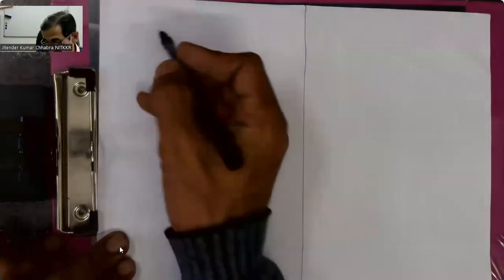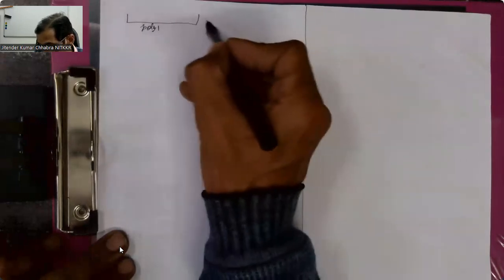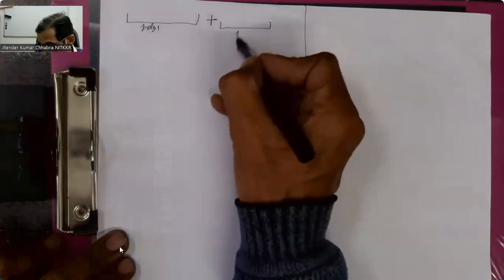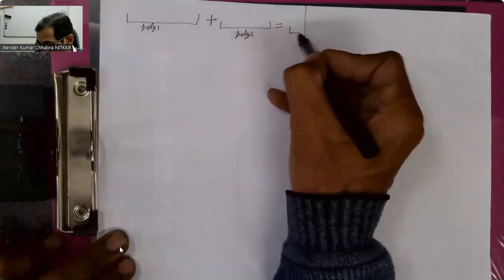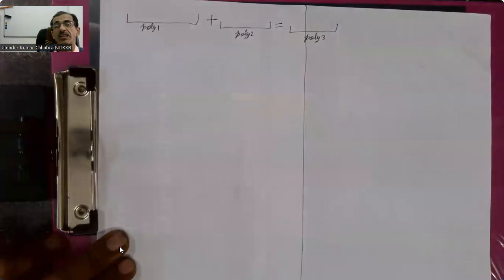Not only that, you can even think of writing in the display that whatever the first polynomial was, poly 1 is written, then you write here plus, then you write poly 2, and then you write equal to, and then whatever result came could be written as poly 3.